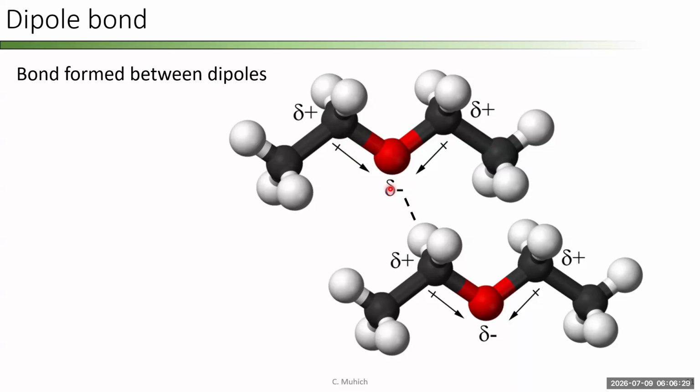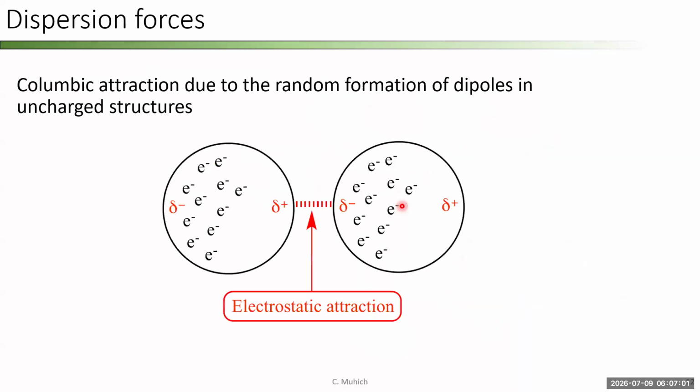In general, we want cases where these dipoles line up, and we have attraction between the partially negative and partially positively charged atoms in two different molecules. We get attraction, but this intermolecular bond is significantly weaker than a hydrogen bond.